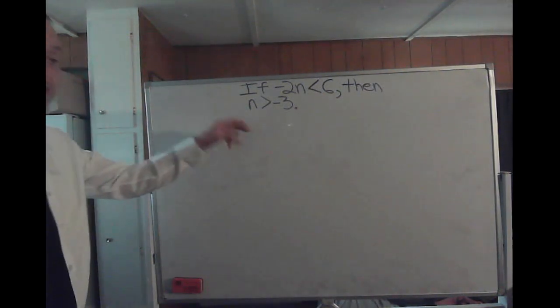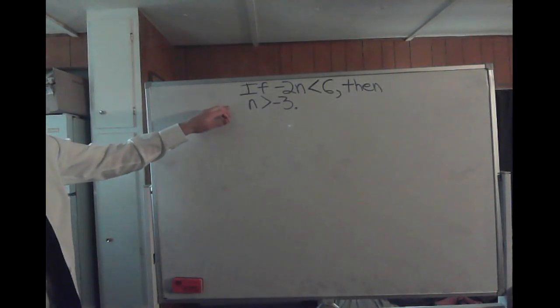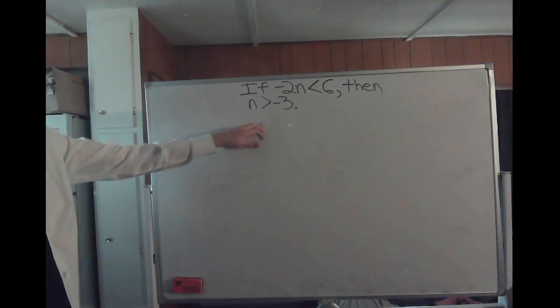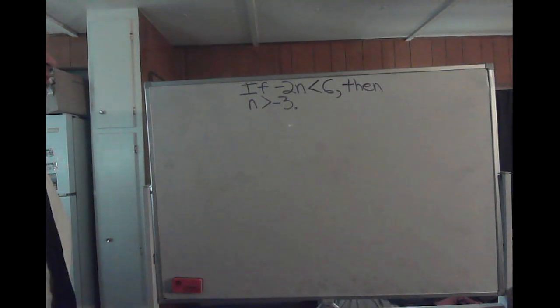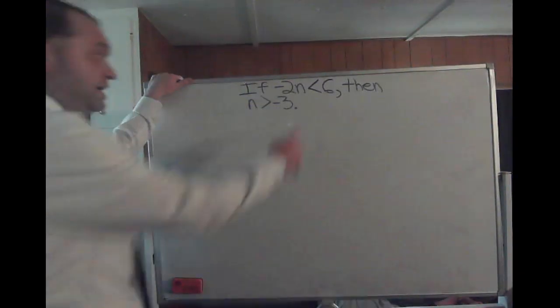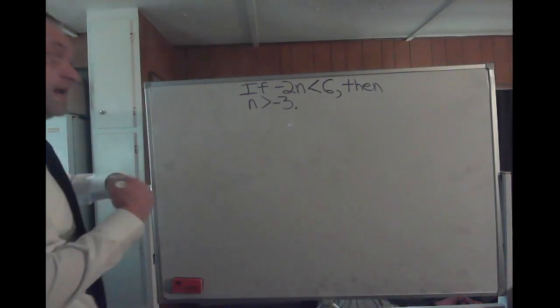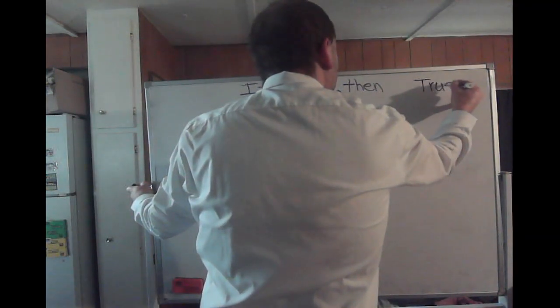So here's a good algebra problem. If negative 2n is less than 6, then n is greater than negative 3. Is the original statement true or false? Well, by solving this inequality, remember, whenever you divide by a negative, you flip the sign. So this would absolutely be true. This is absolutely a true statement.